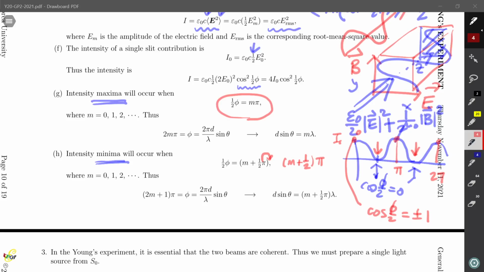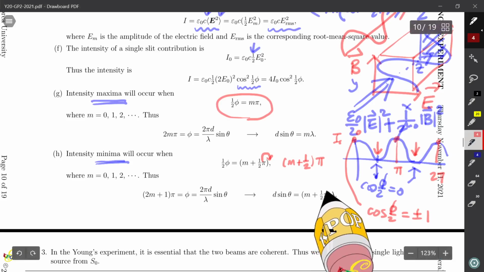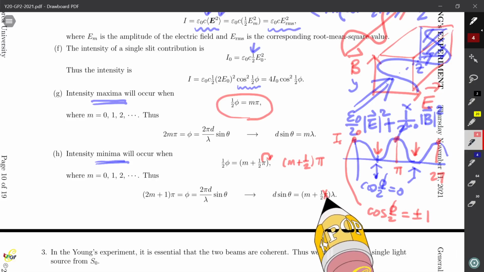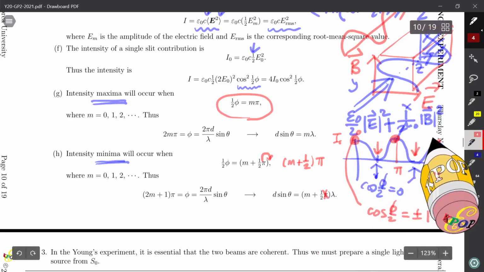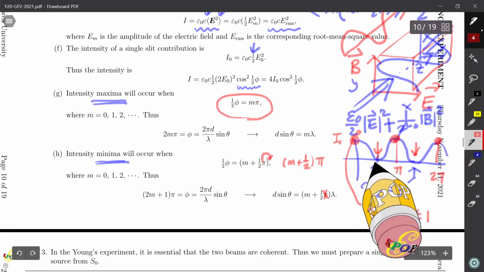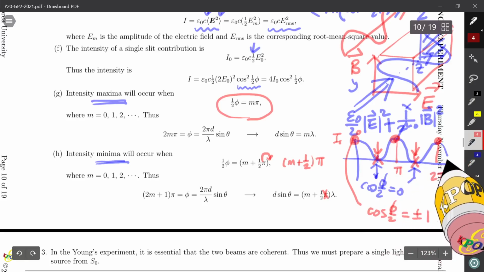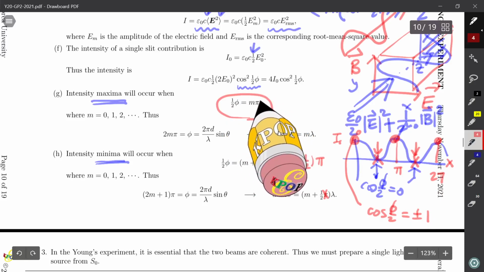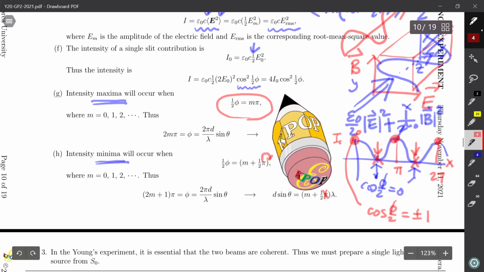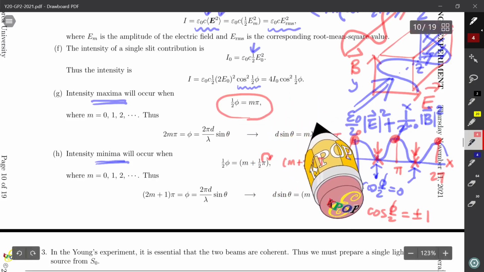Okay. In a similar manner, we have no pi inside. As a result, the local maxima and local minima can be completely found in an exact manner from the amplitude and intensity computation.